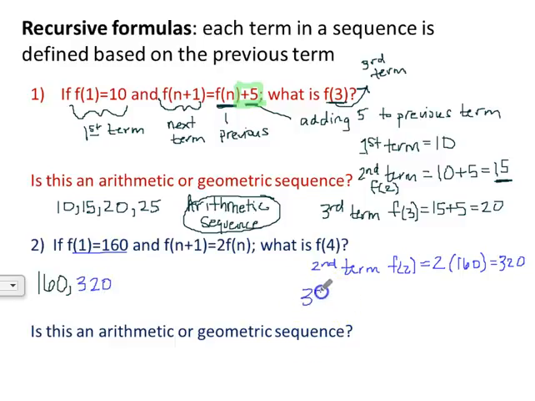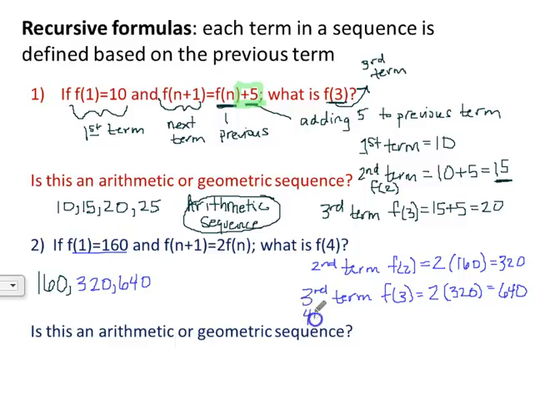Then to find the third term, we say f of 3. We're going to take 2 times the previous term, and now our previous term is 320. So 320 times 2 is 640. My third term is 640.